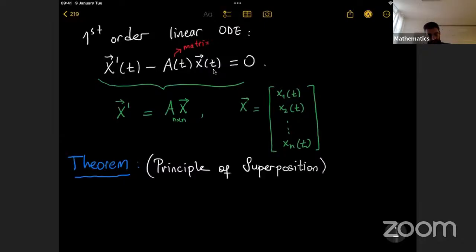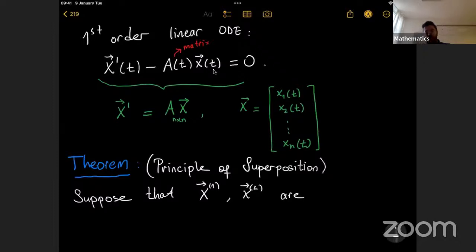So suppose that x1 and x2 are two vector solutions. So they are vectors like this.